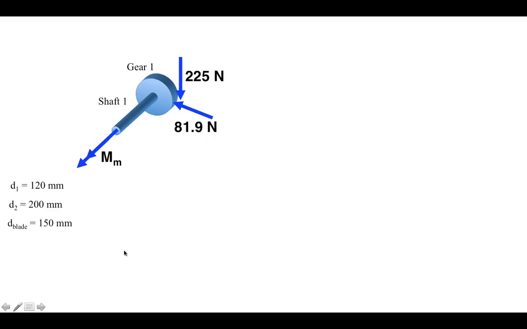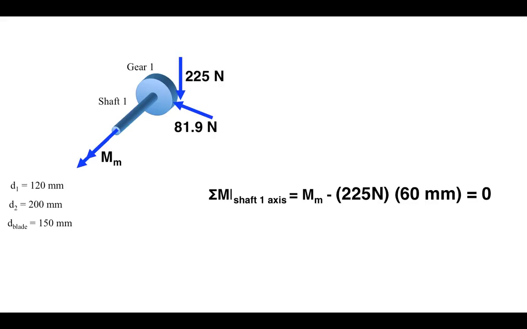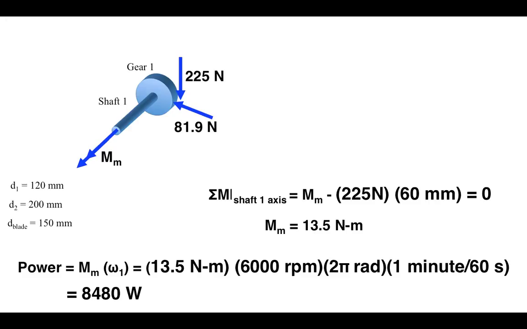We're now going to determine that torque using equilibrium of the shaft. So again, we take moments about that shaft. The moment due to the motor, the torque due to the motor, contributes, as well as the 225 Newton tangential force. We can calculate that motor torque. We can then compute the power.